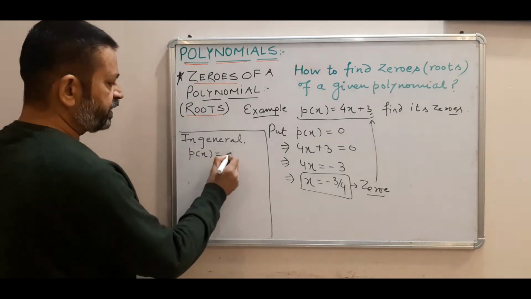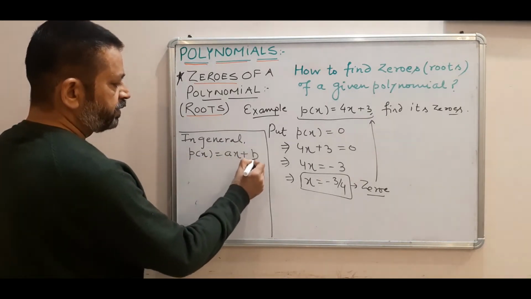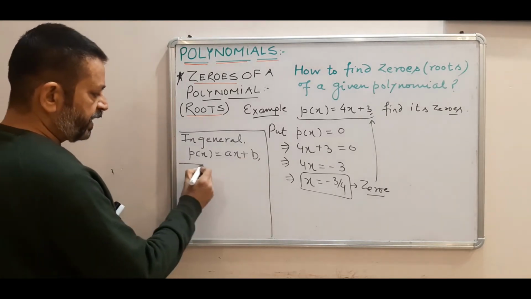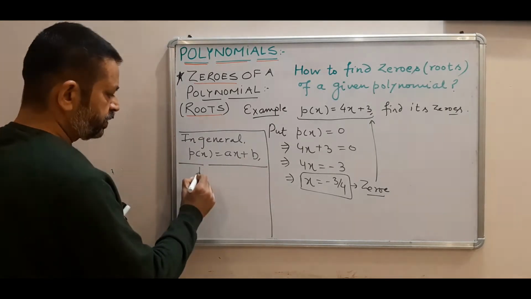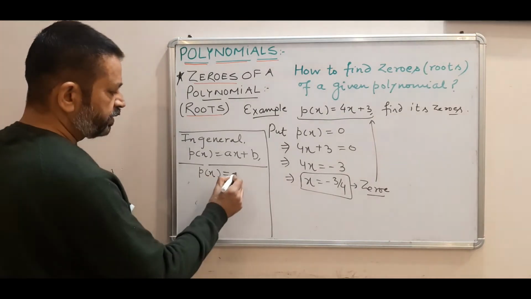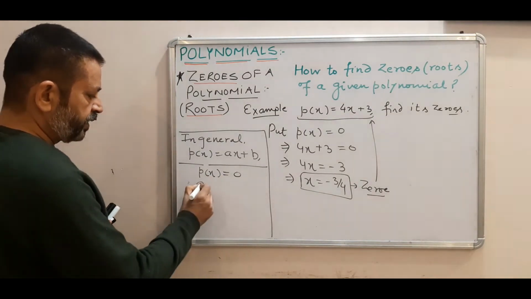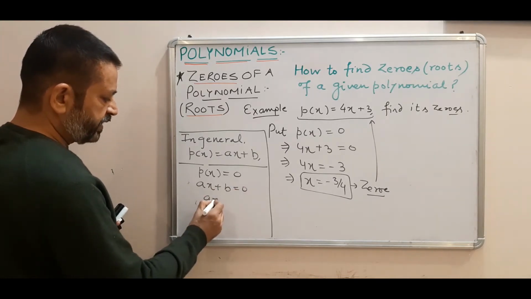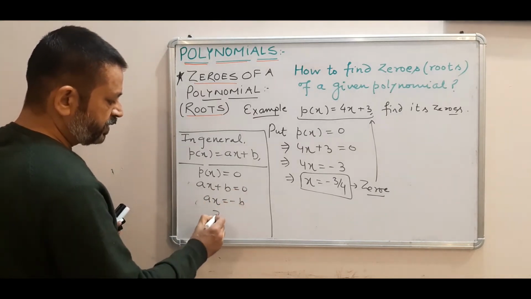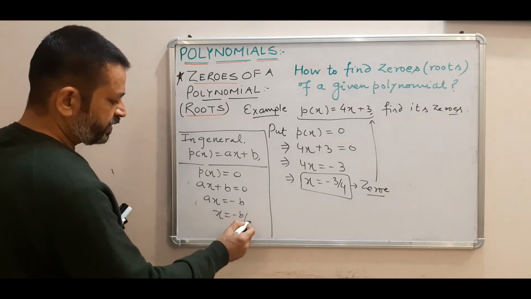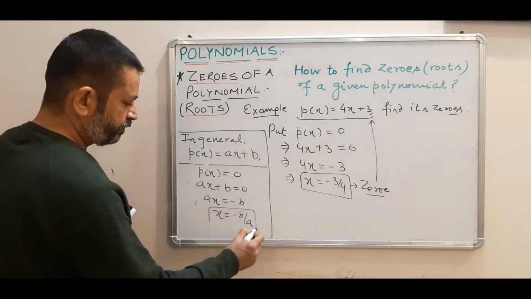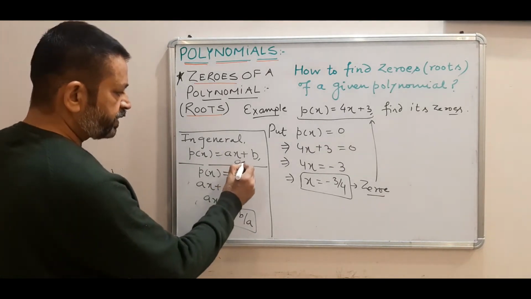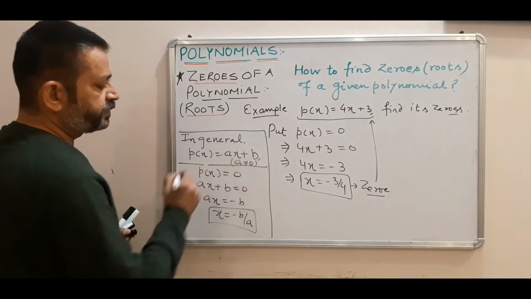If p(x) is given as ax plus b, then it will have just one zero, which will be given by ax plus b equal to 0, that is ax is equal to minus b, or x is equal to minus b upon a. Just remember that here a should not be 0.